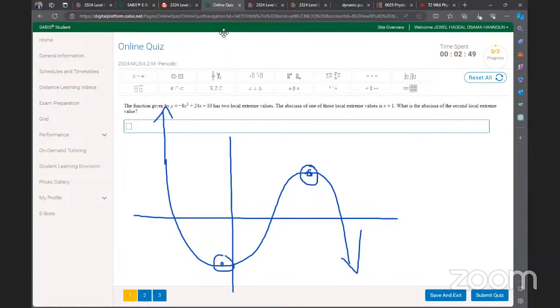If we draw a tangent line to this local extreme value, what do you think the slope of this line is? The slope of this line will be 0.